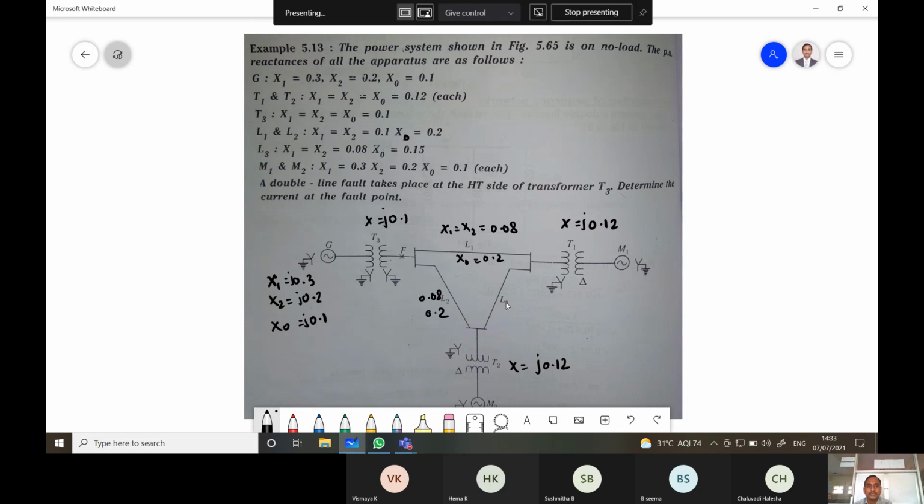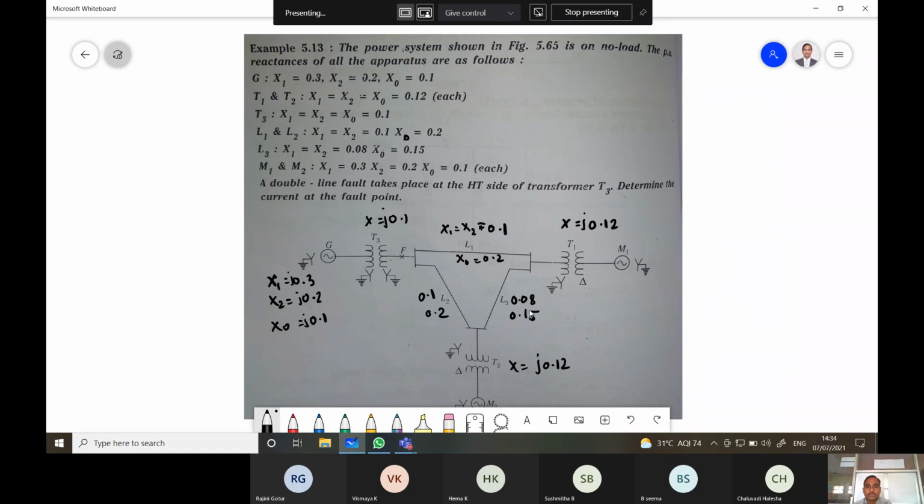For L3... sorry, L1 and L2, X1 is equal to X2 is equal to 0.1. And 0.2, and for L3 0.08 and 0.05, so 0.15.